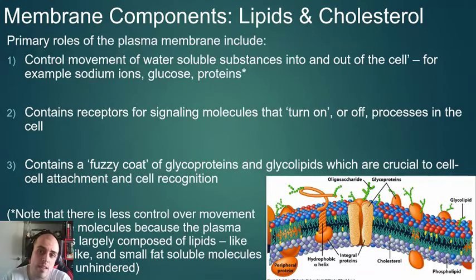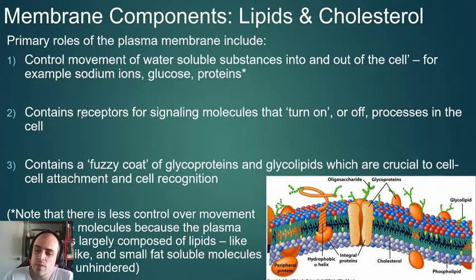A perfect example of that is looking at our organelles and things like lysosomes. We don't want those enzymes that are responsible for breaking down various molecules within the cell to be just exposed everywhere. We want to contain them. And likewise with our cells, we want to keep those nice and contained as well. We don't want them leaking out.